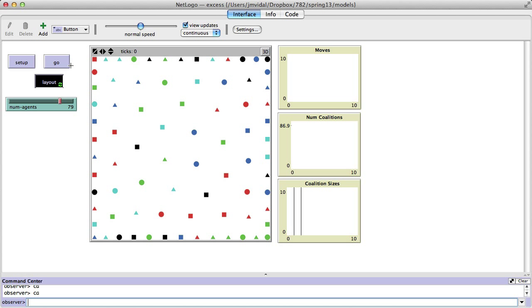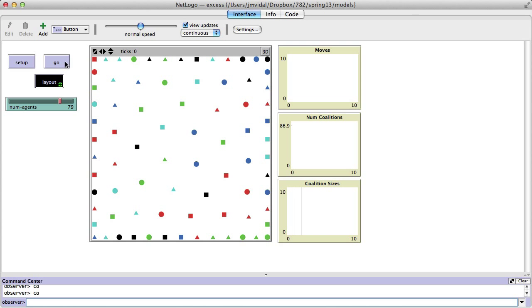So when you hit go, as we stated, each agent is going to make a decision to join the coalition that gives them the highest value, as long as that excess is positive. If you remember in the homework, we give you the value function, and that is what you use to calculate the value of each possible coalition.